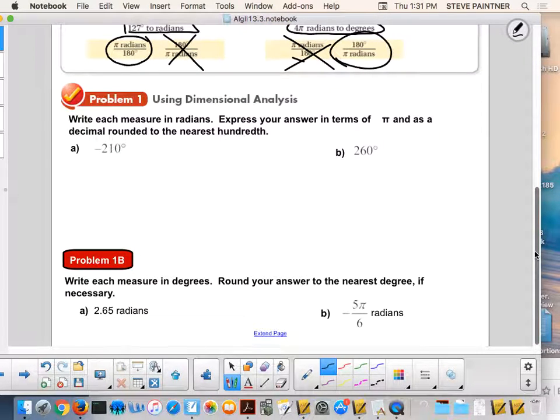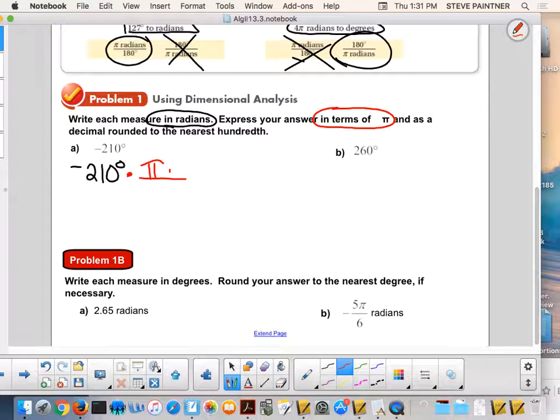First problem, negative 210 degrees. Let's convert it into what? Radians. How do they want their answer? In terms of pi. Okay. To get it in terms of pi, you'll multiply by what conversion?